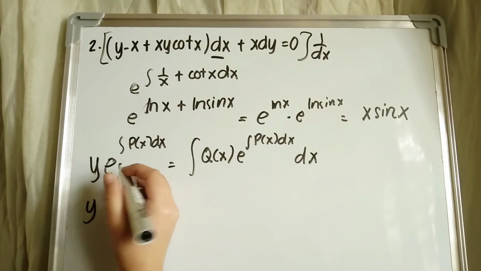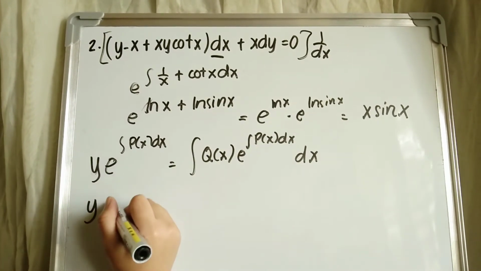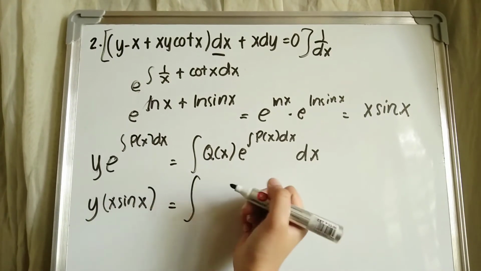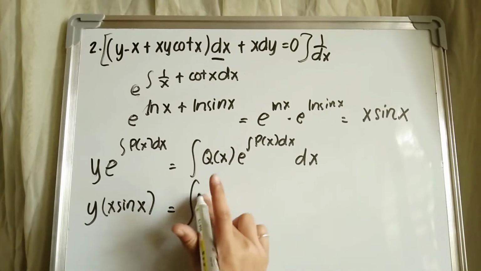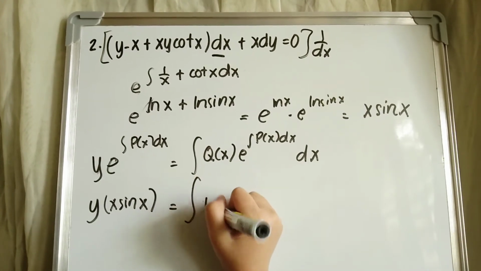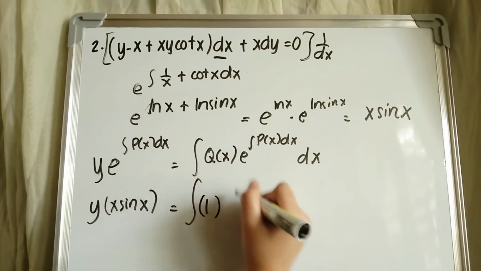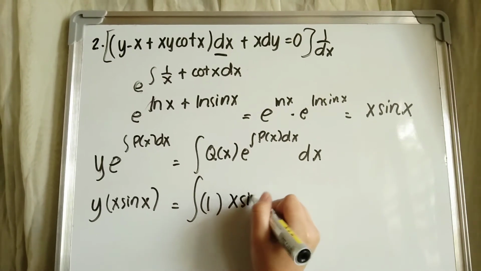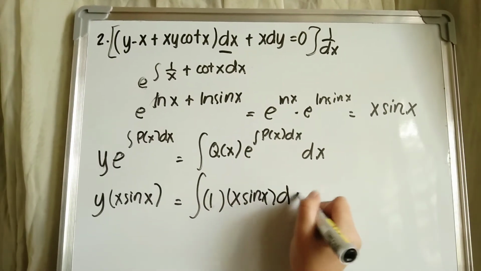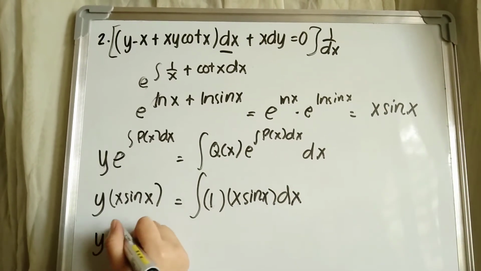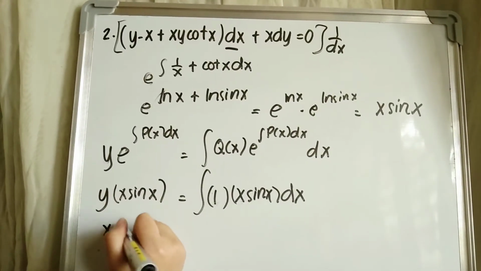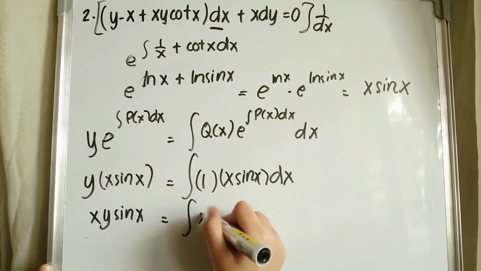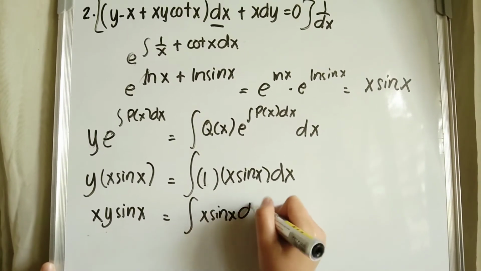So copy y, and our integrating factor is x sine x is equal to the integral of, this will become 1, the value of our q of x, and then copy our integrating factor, which is x times sine x dx. Then we can rewrite this into xy sine x is equal to the integral of x sine x dx.